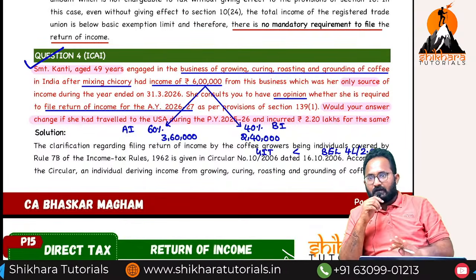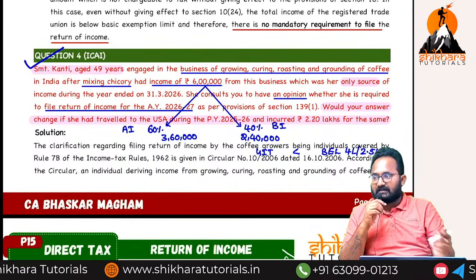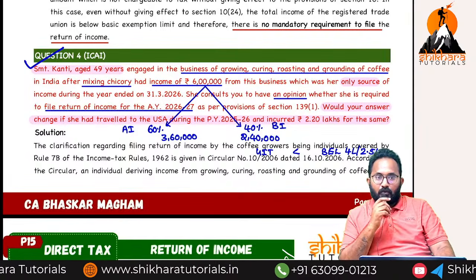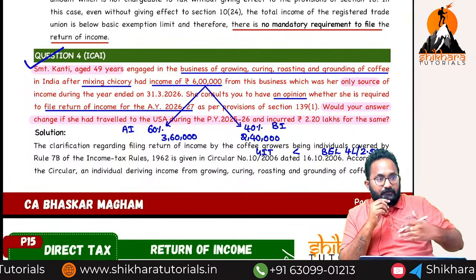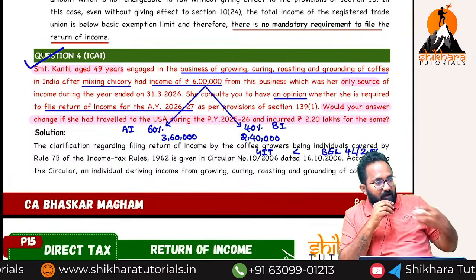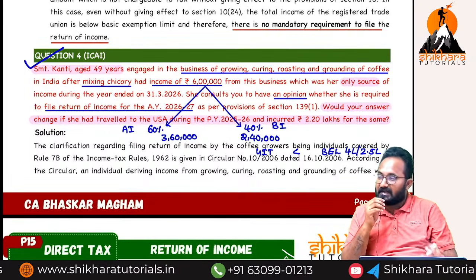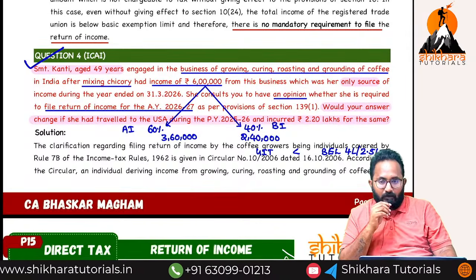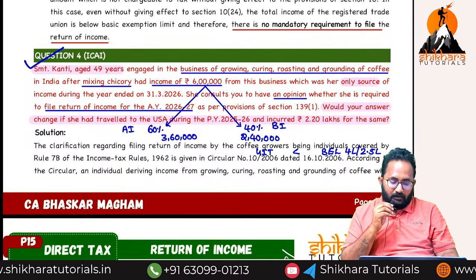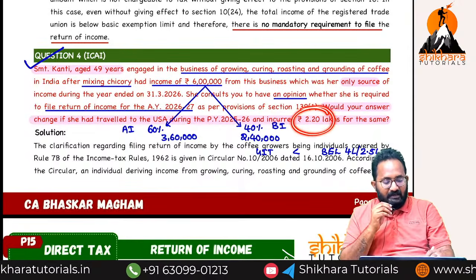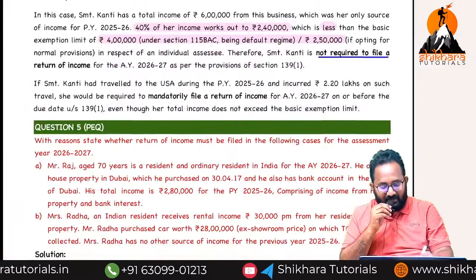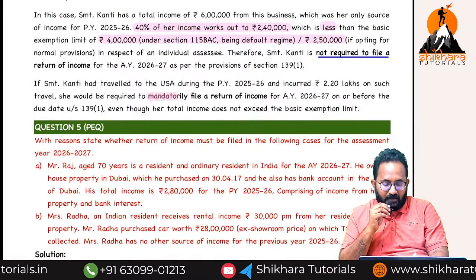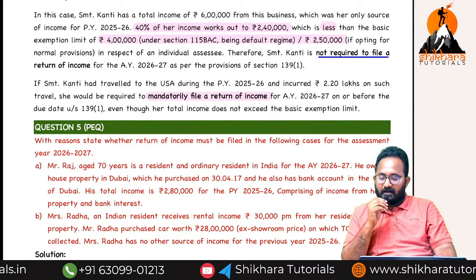For himself also, for his family members also, if he incurs, we have to check the 2 lakh. Not for individual purposes alone, along with his family members, if he incurred any foreign travel expenditure more than 2 lakh. Here exceeded or not exceeded? Exceeded. Our answer will change or same? Change. Definitely he is required to file the return of income.